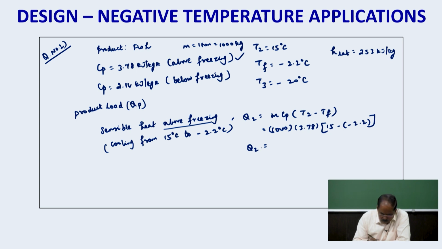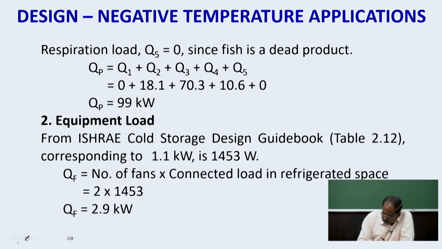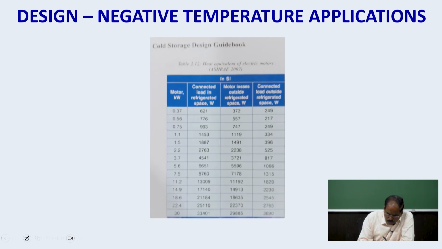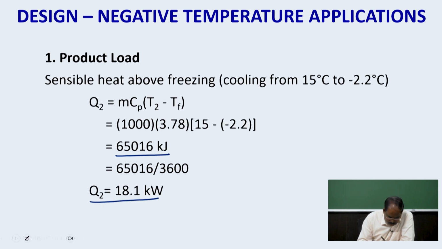We get Q2 equal to 65016 kilojoules. Dividing 65016 by 3600, we get it in kilojoules per second, so Q2 is 18.1 kilowatt.